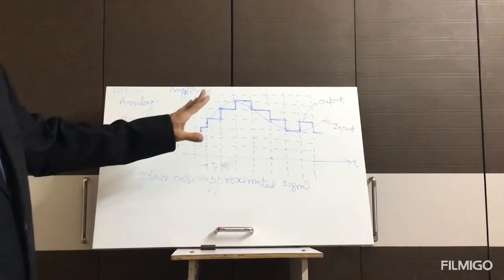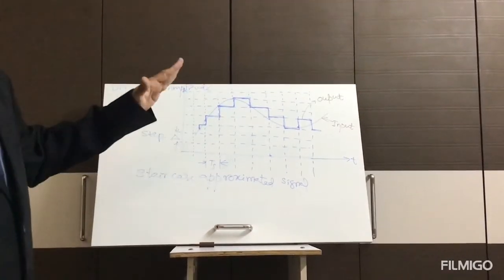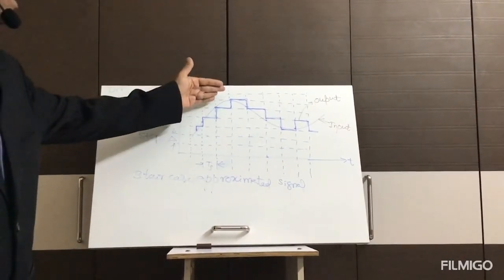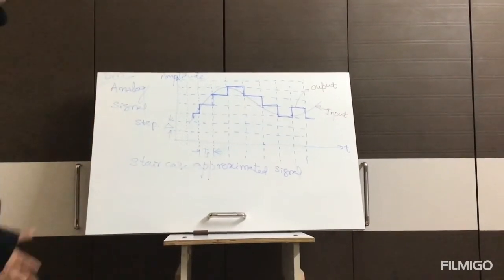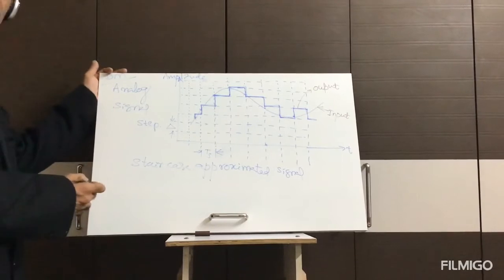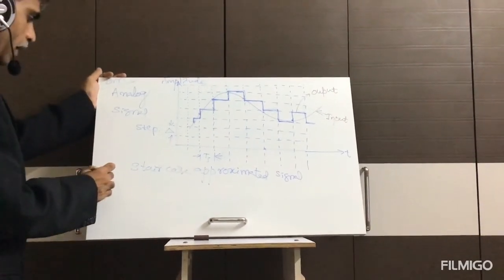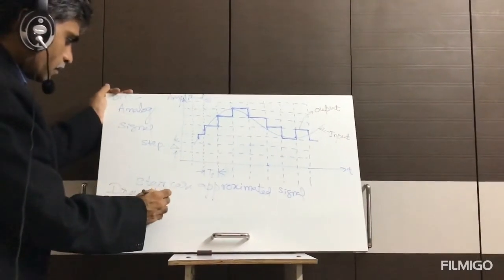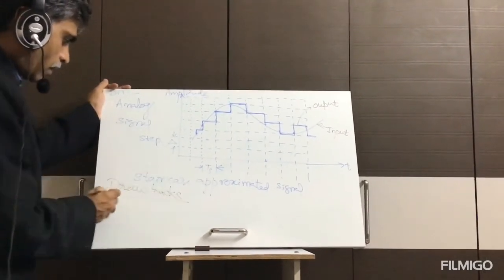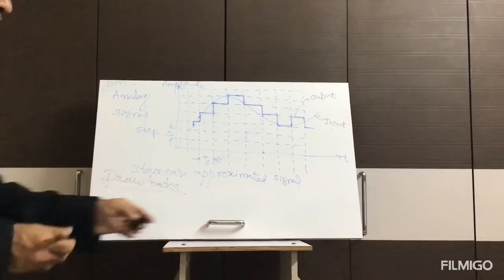But there must not be much deviation between the staircase signal and the continuous signal. That care we must take here. So we can discuss this under the drawbacks of the delta modulator.